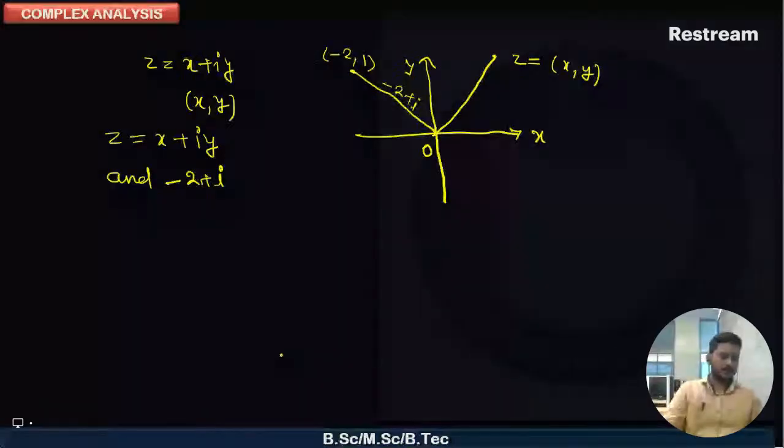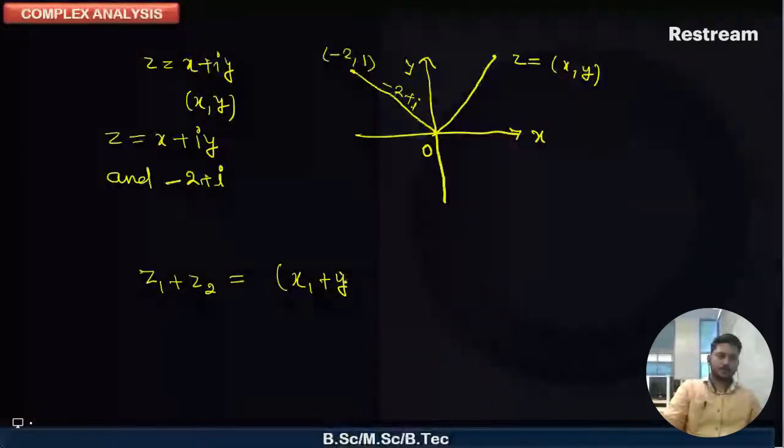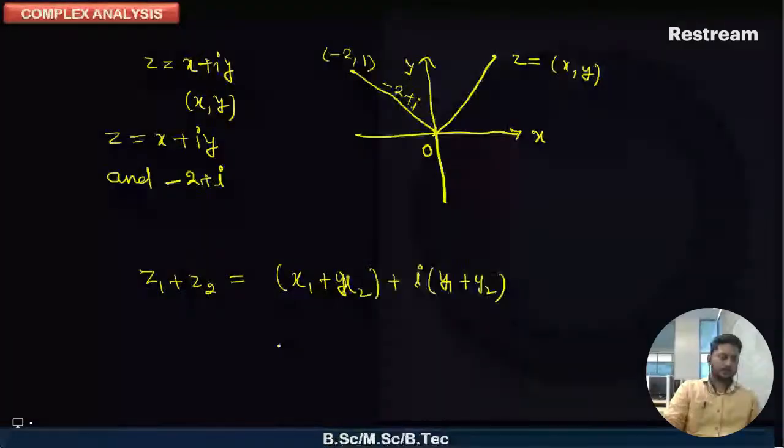So take the point z1 plus z2, which gives you x1 plus x2 plus i times y1 plus y2.